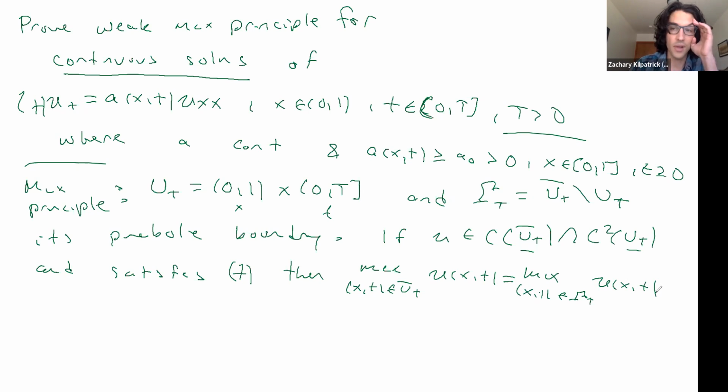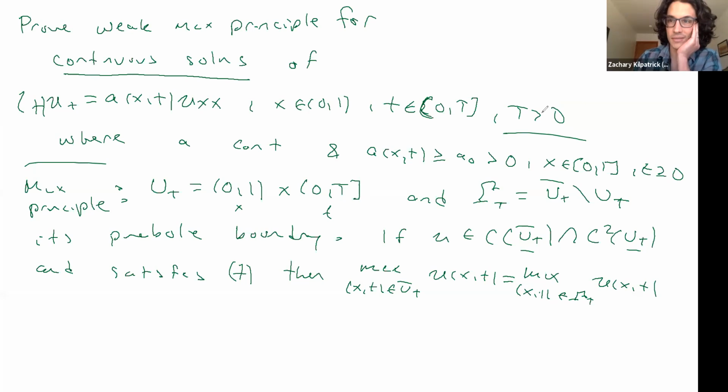And I'll use this point to ask a couple questions. First of all, what's the weak minimum principle? Same thing, but with the minimum.